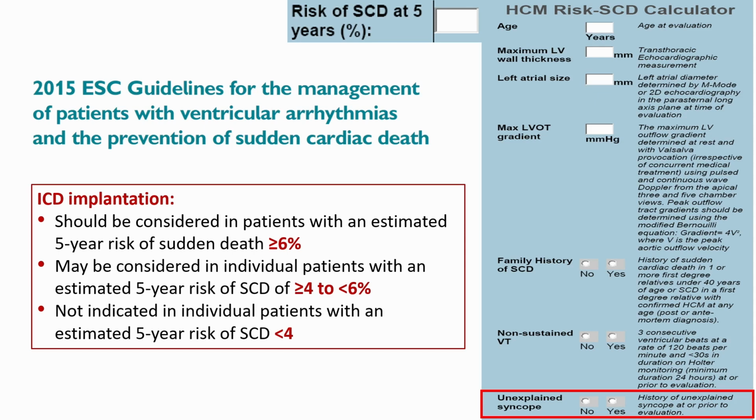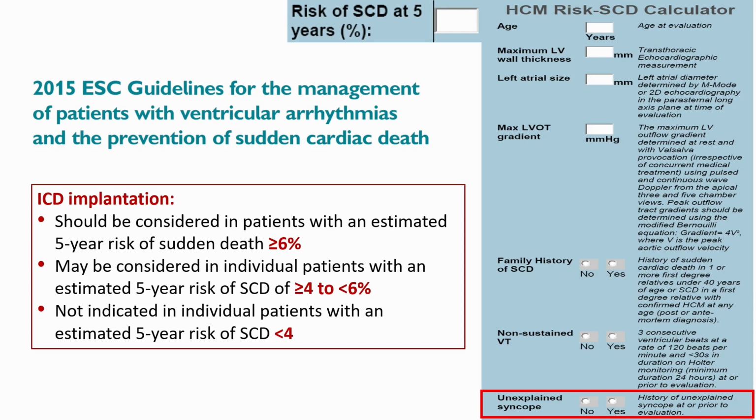For example, the sudden cardiac death risk at 5 years of the European Society of Cardiology includes 7 items: age, left ventricular thickness, left atrial size, the maximum left ventricular outflow tract gradient, family history of sudden cardiac death, non-sustained VT, and unexplained syncope.